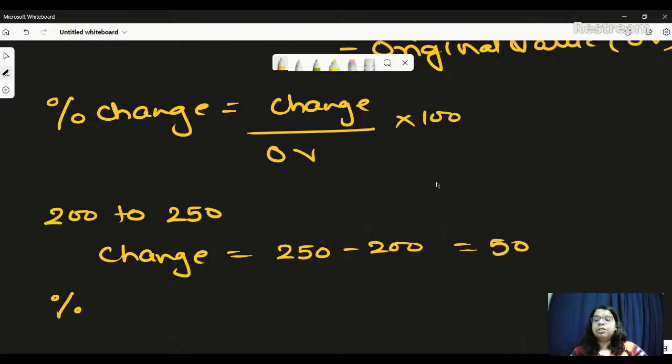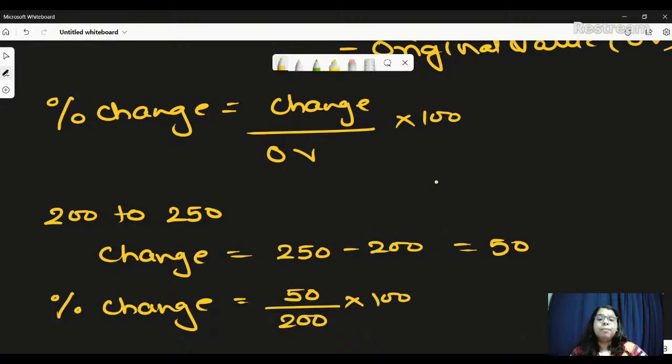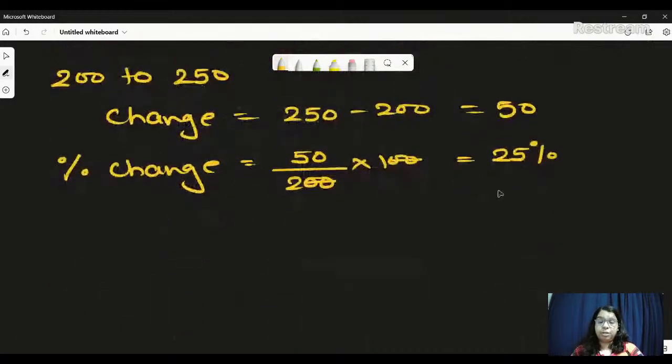Now percentage change is equal to 50 divided by original, which is 200, multiplied by 100. It is equal to 25%. So the quantity changed by 25%.